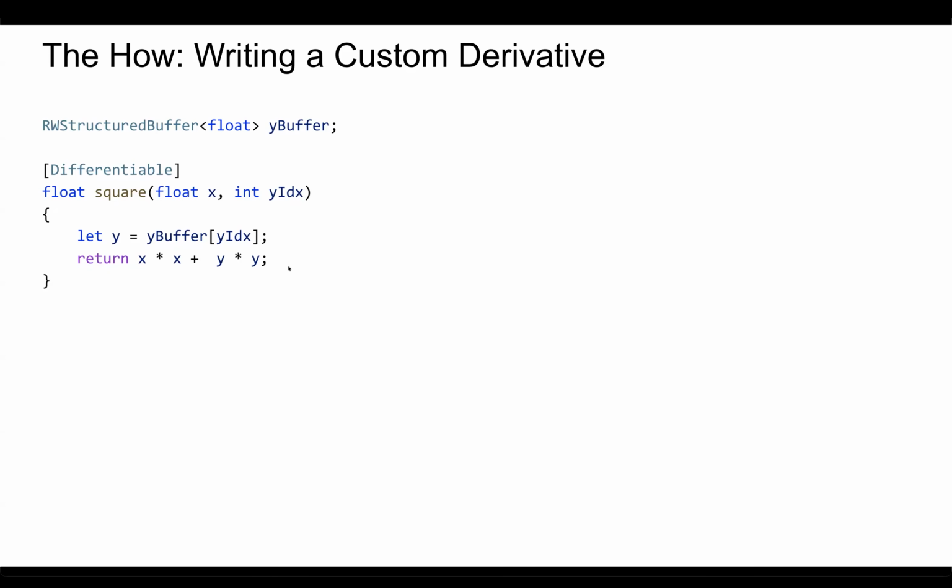Now, the index itself isn't something that you can differentiate because it's just an integer, and we know that integers are non-continuous and therefore not differentiable. So if you were to ask the compiler to generate the diff for this function, it would leave y index here unchanged. So how do you get the gradient back into that original array?